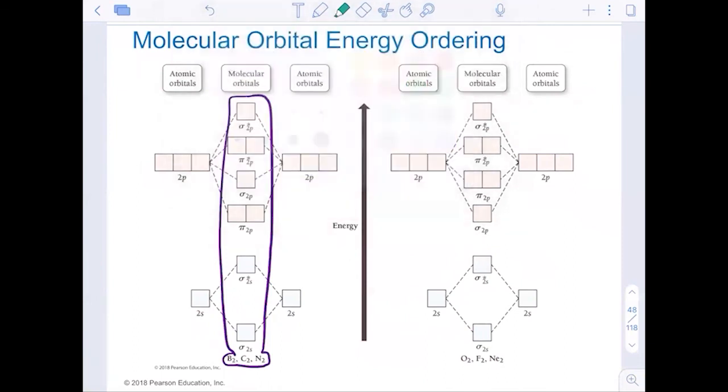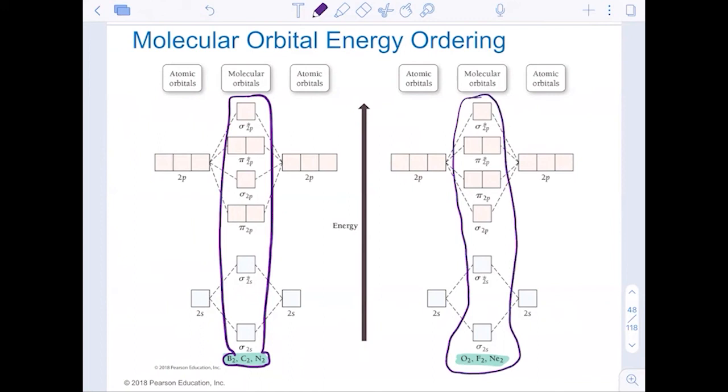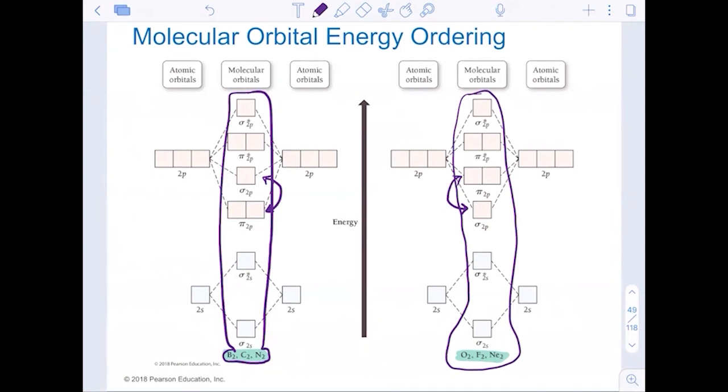Now specifically, notice the difference between moving from boron to nitrogen all the way over to the molecular orbitals of oxygen, fluorine, and neon diatomics. Notice the swap of the sigma and the pi. Now, again, you would not need to understand why that happens. You would just need to be able to fill this up and be able to explain, does the molecule exist?